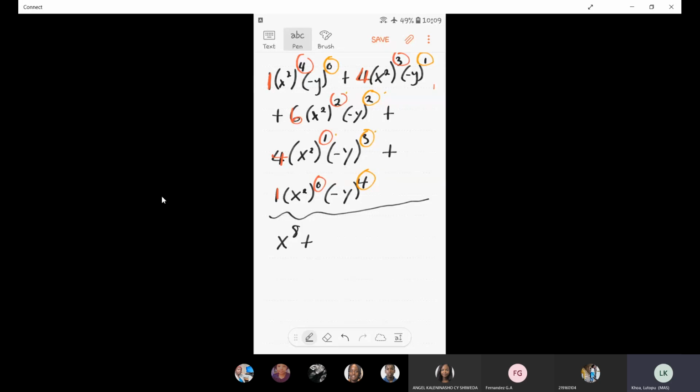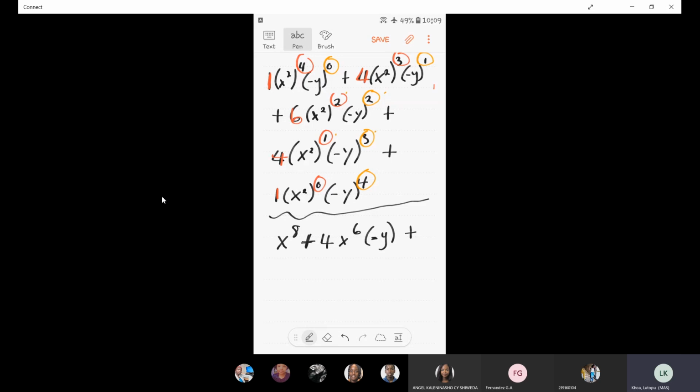Then next I have 4 times x, so the 4 is the only constant, 4, and then x squared to the power of 3, that is x to the power of 6. And then I have minus y to the power of 1, which is minus y. So that minus will come in, well, let me just write it, then we'll simplify again. So it's minus y. So this minus over here will come and change this plus that I have over there.